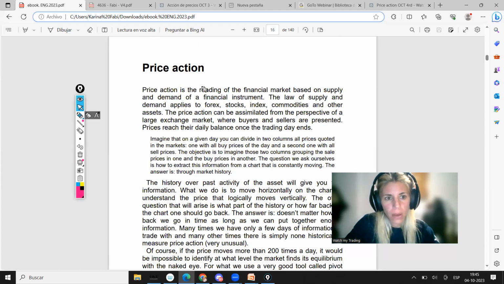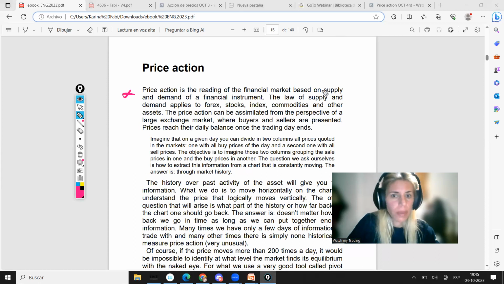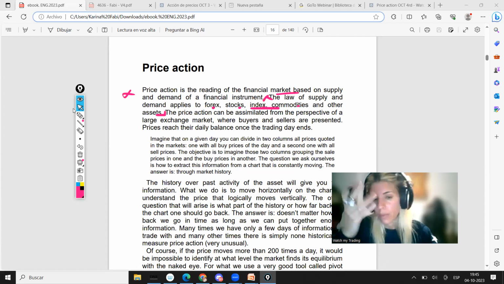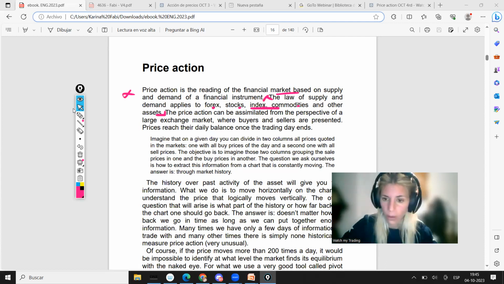Okay, so price action is the reading of the financial market based on supply and demand of a financial instrument. The law of supply and demand applies to forex, stock indices, commodities, and other assets. Now the index is quite different, because the index is a trend market. It always tends to go up unless a crisis comes, unless something happens, and then it goes down.